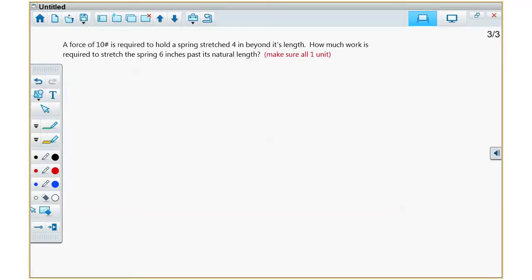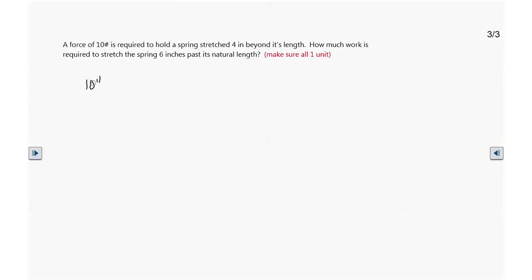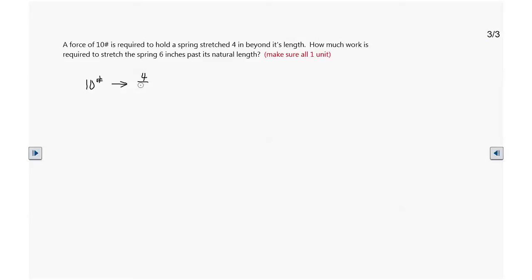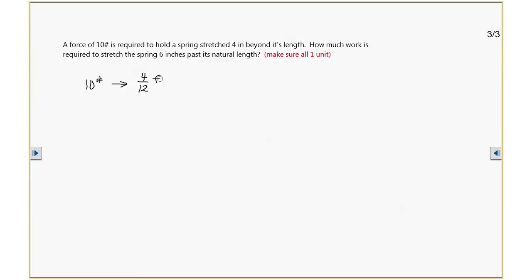All right. So we've got 10 pounds to move 4/12 of a foot. Looks like we could maybe find a constant with that, then we can plug that in.